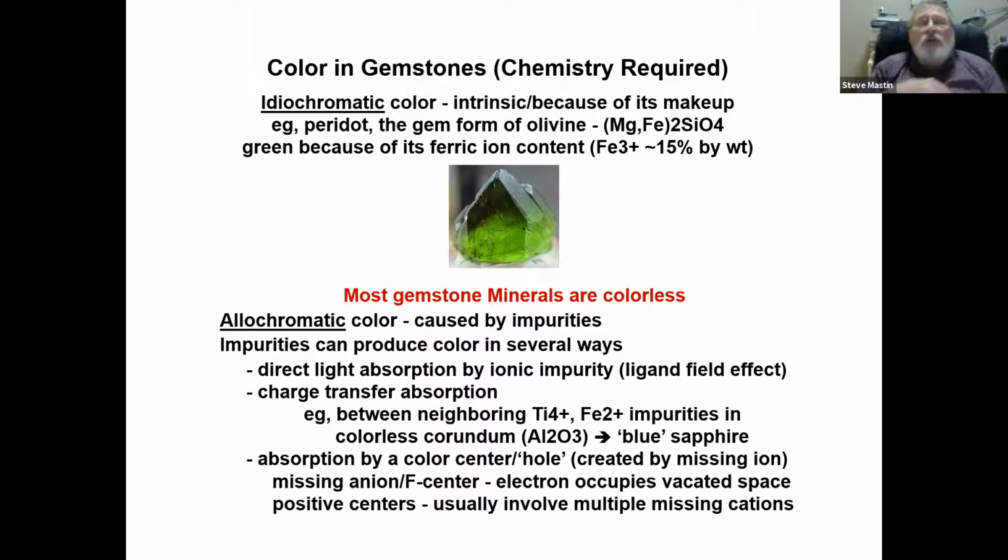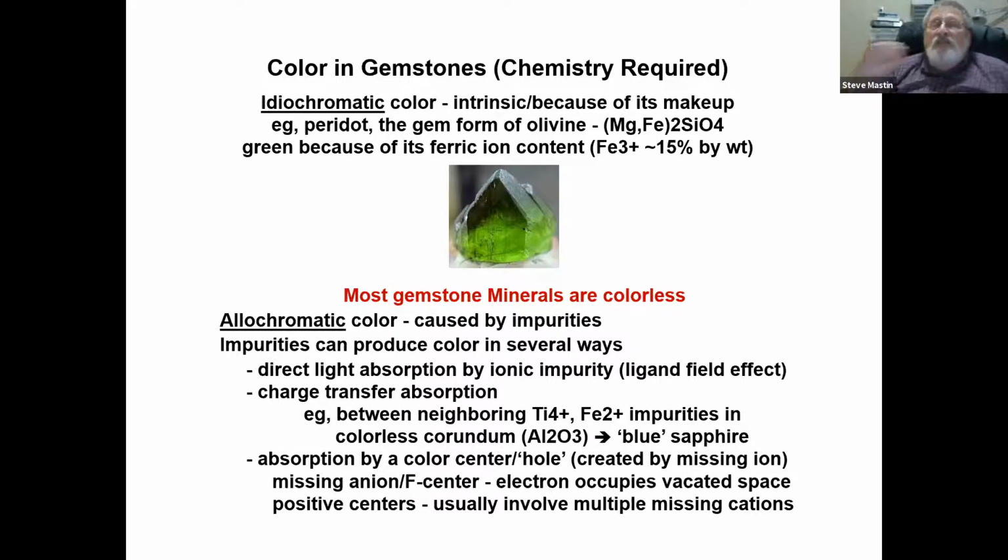And so peridot is the gem form of the mineral olivine, which has that strange formula where there are 2 end members, one of them that's got only magnesium in it plus silicate, and the other one's got only iron in it plus silicate. Well, peridot is right in the middle, but more towards the end that's got mostly magnesium.